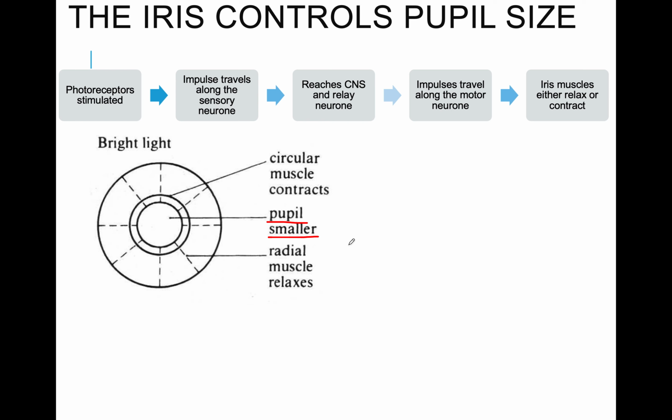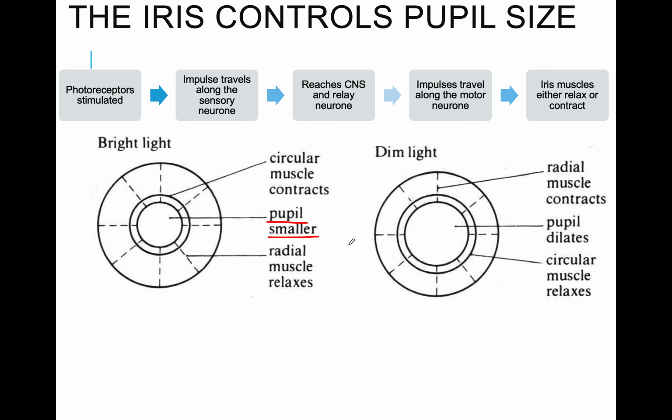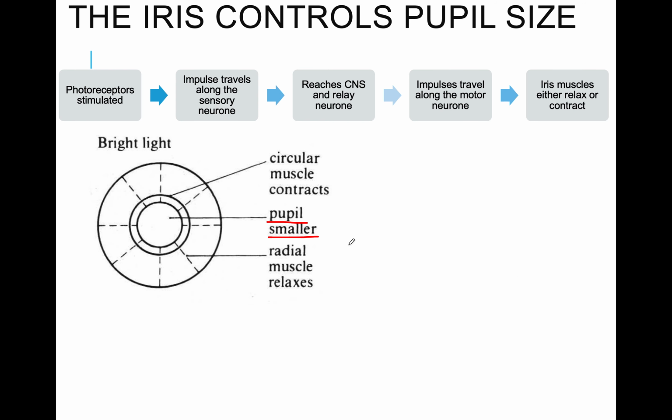By limiting the amount of light that enters the eye, that prevents perhaps damage to the retina itself, but it would also mean that the retina is able to form an image without being bleached in high light intensity. Now we'll come back to that concept later on. Sorry, let's return to this.